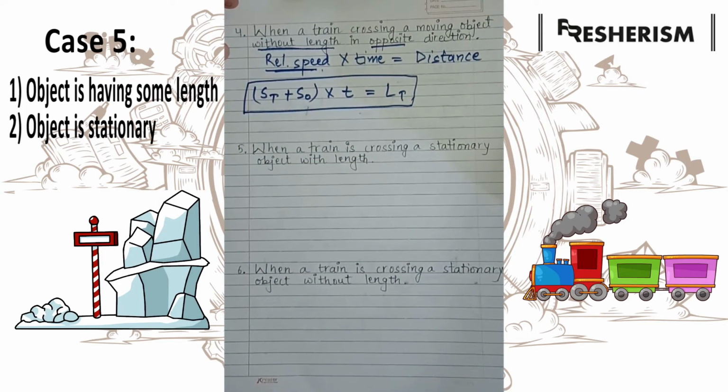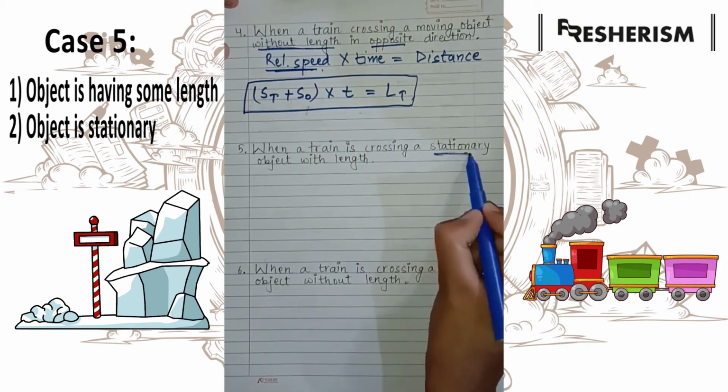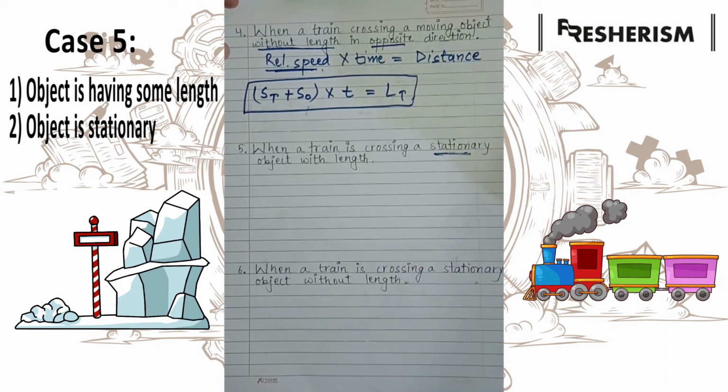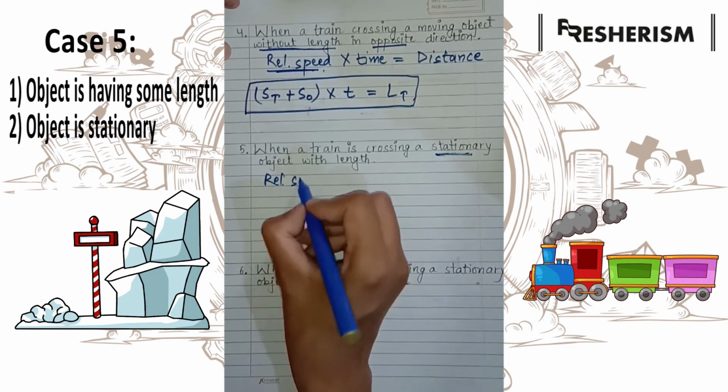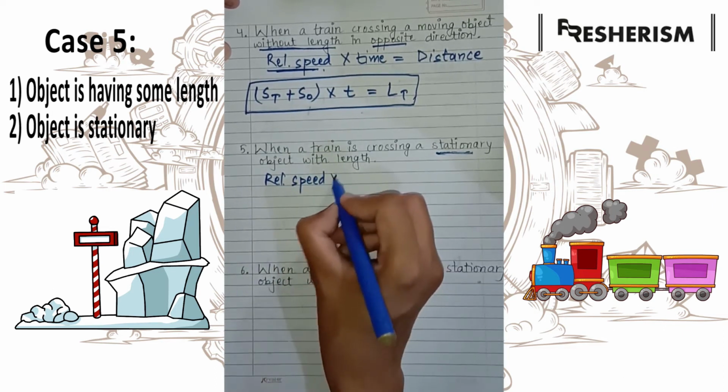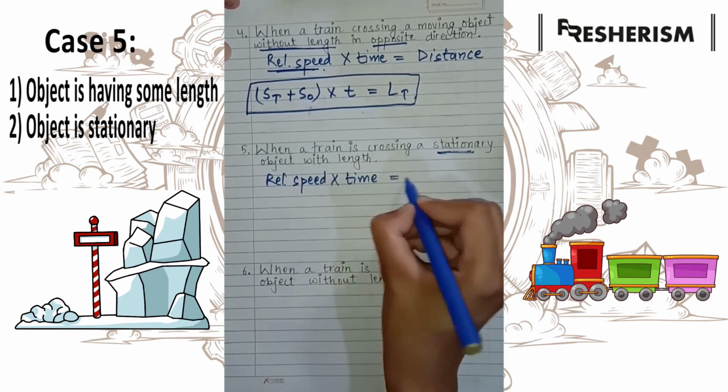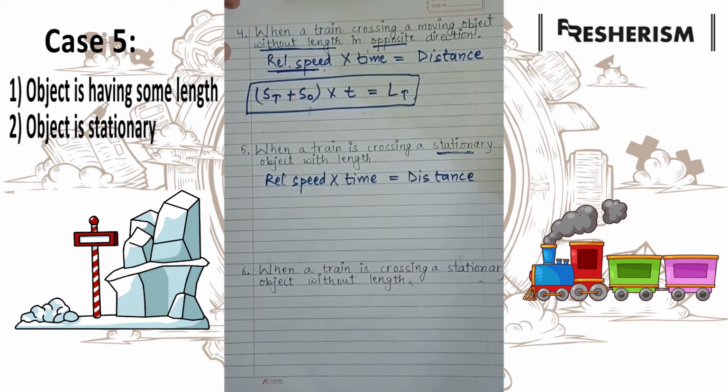So this will be the formula for this particular case. Our fifth condition is when a train is crossing a stationary object with length. That is, the train is crossing an object but the object is not moving, which means it is stationary, and the object is having some length. So the basic formula we all know is relative speed multiplied by time is equals to distance. Now, as the object is stationary, so relative speed with respect to that object would just be the speed of the train.